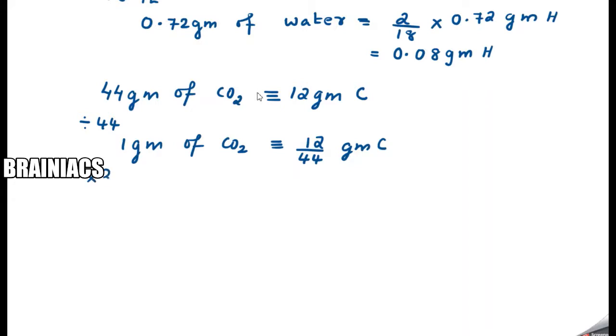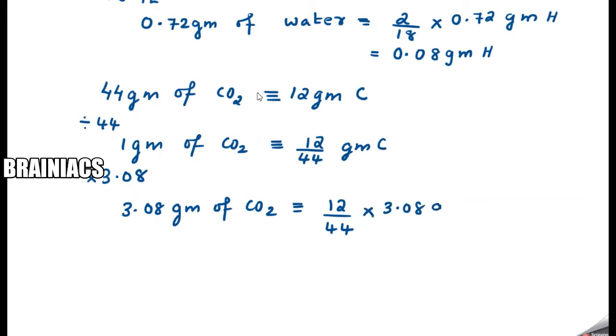So multiplying with 3.08 on both sides, this will become 3.08 gram of carbon dioxide, which has a mass of 12 by 44 into 3.08 gram, correct? 3.08 gram carbon.